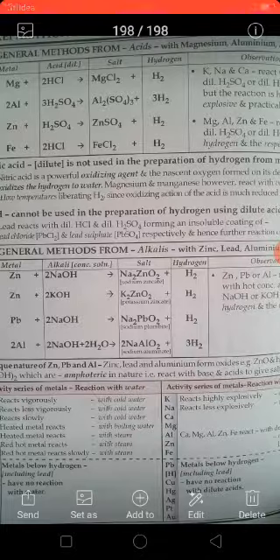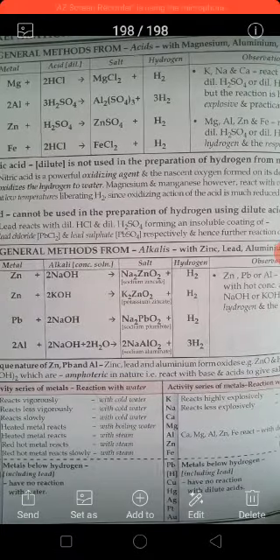So zinc reacts with sodium hydroxide to form sodium zincate. Lead reacts with sodium hydroxide to form sodium plumbite. Aluminium reacts with sodium hydroxide to form sodium aluminate.